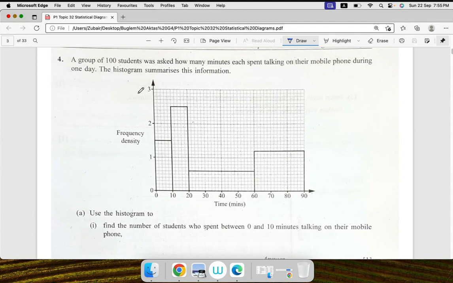A group of 100 students were asked how many minutes each spent talking on their mobile phone during one day. The histogram summarizes this information.